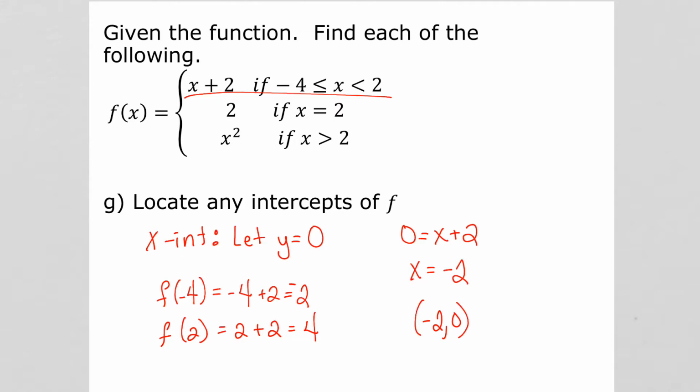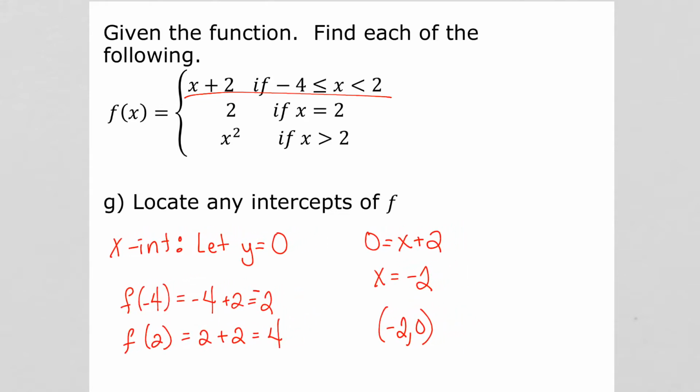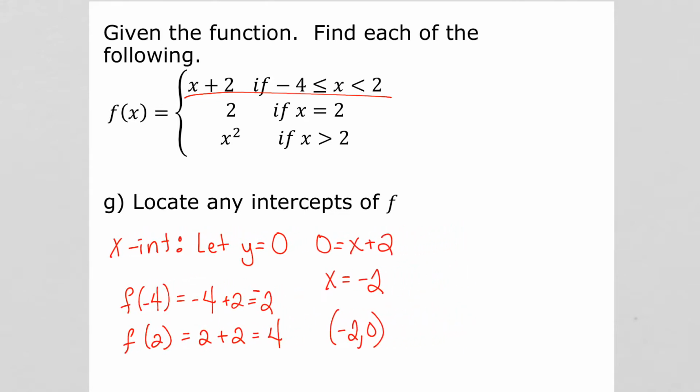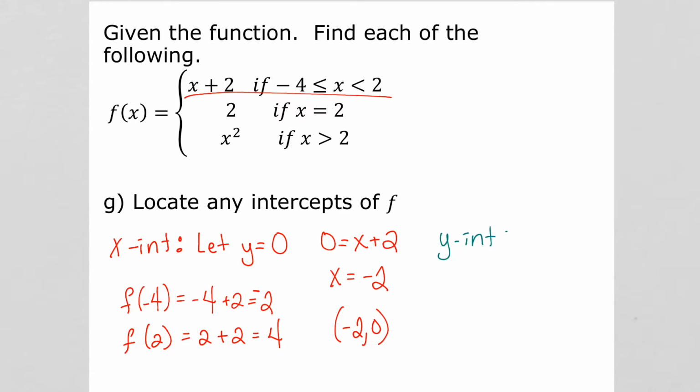The y-intercept is easier. For a y-intercept, we let x be 0. And where is x defined? Where is x equals 0 defined on this graph? It is this first function.